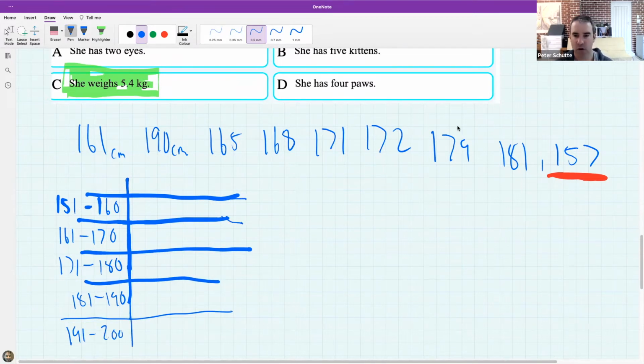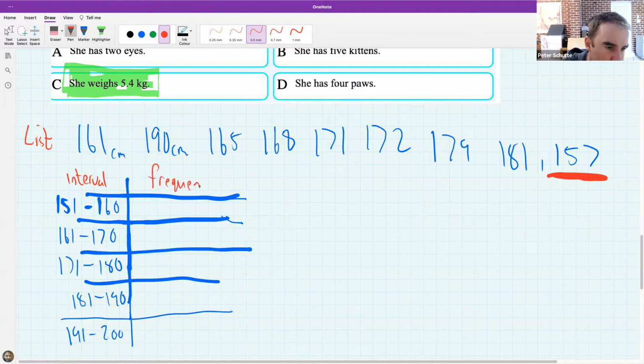Okay, so if we are talking about data that's in a list, it will look like the top bit. If the data is grouped, we normally have to group data into intervals. And so I just want to check if you've done some of this before. The other thing is, when we group data, we have an interval, and then we have a count of the amount of items in that interval.